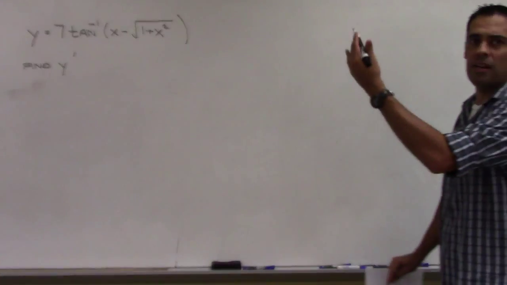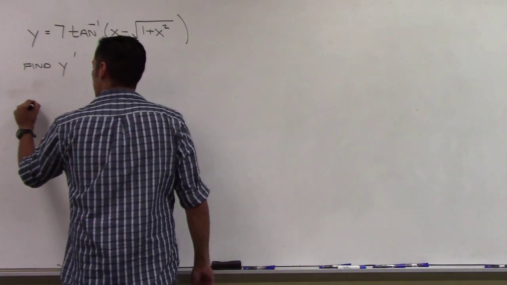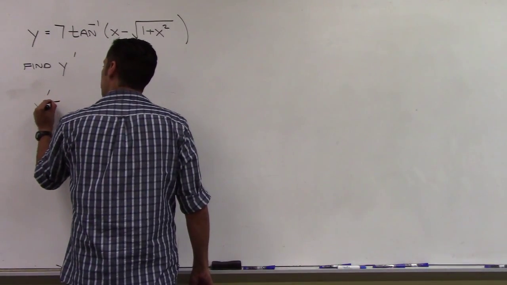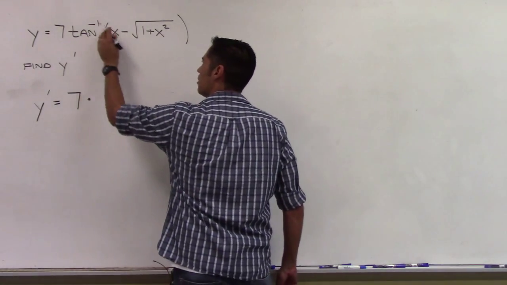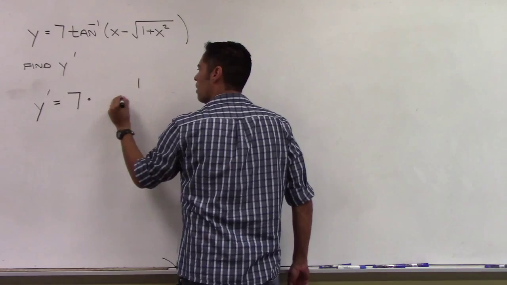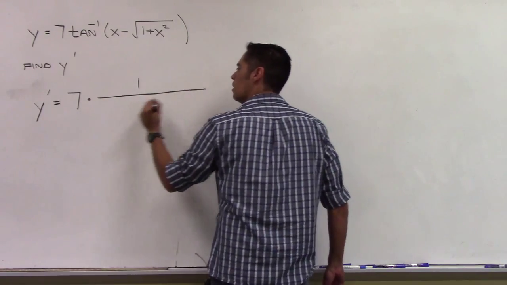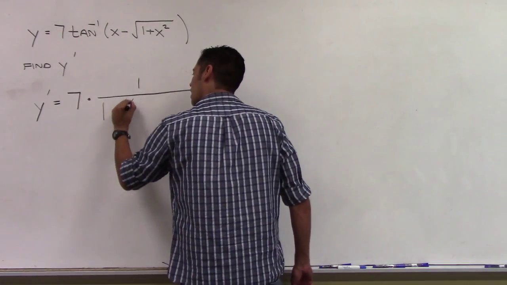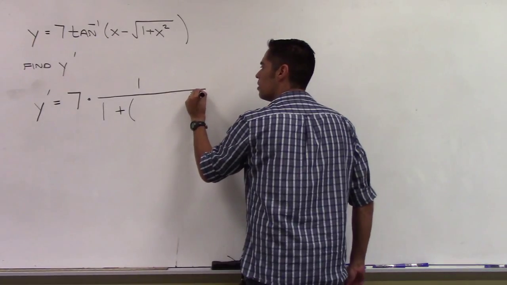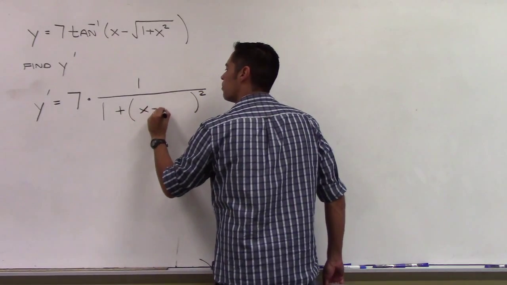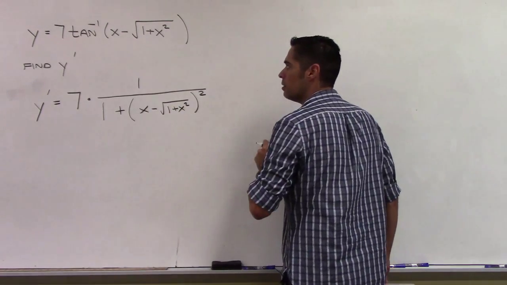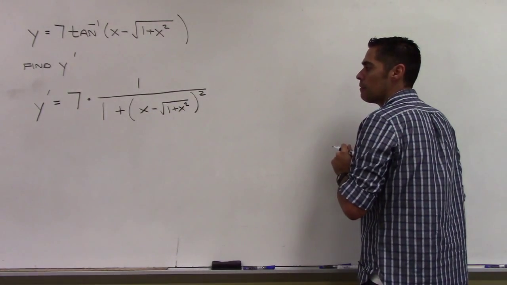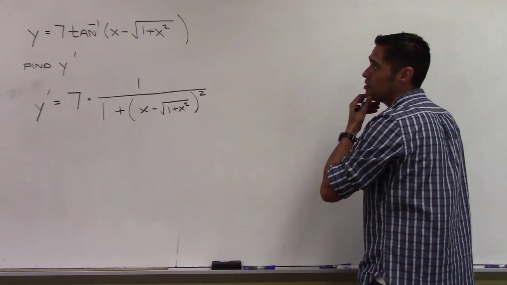And we have a 7 in front of everything. So the 7's just going to follow along for the ride. 7 times the derivative of arctangent of something is 1 over 1 plus that something, which is x minus root 1 plus x squared, but that whole thing squared. That's the derivative of the arctangent part.